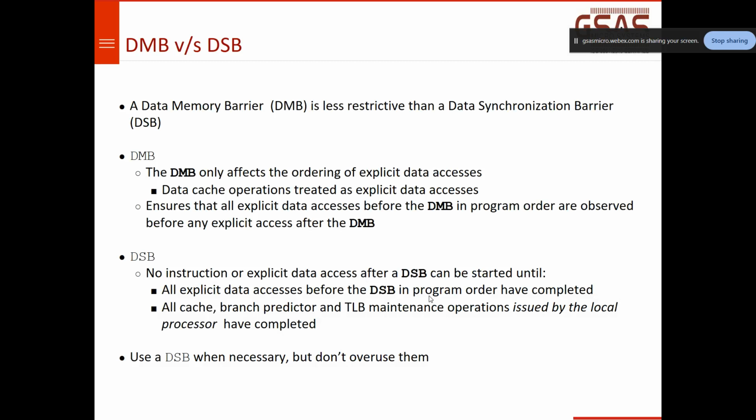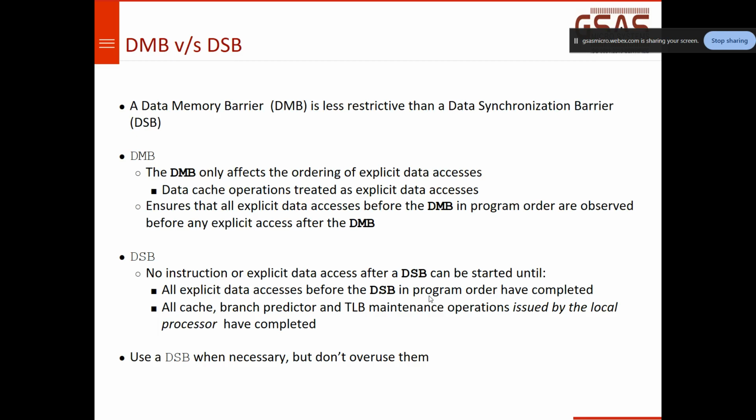It only ensures that if the processor is performing any explicit data accesses, LDR and STR to the cache memory, or instructions associated with accessing memory related to the cache, then this DMB will ensure that whatever LDR instructions we have written in the code for accessing the cache, to read or to update, execute in order.